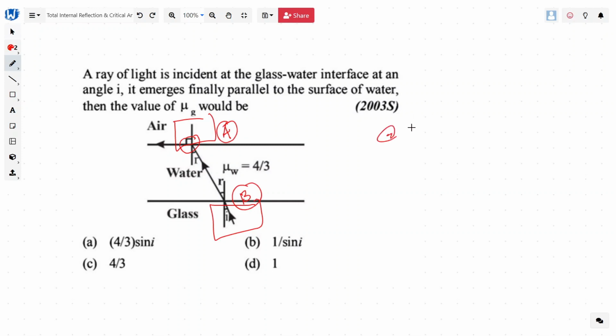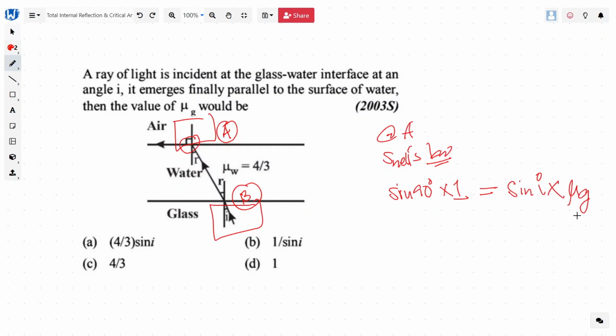So at A, Snell's law, for the left hand side only we'll write sine 90 into the refractive index of air, which is 1, and for the second part we'll write Snell's law here. So we'll say sine of I into the refractive index of the glass.